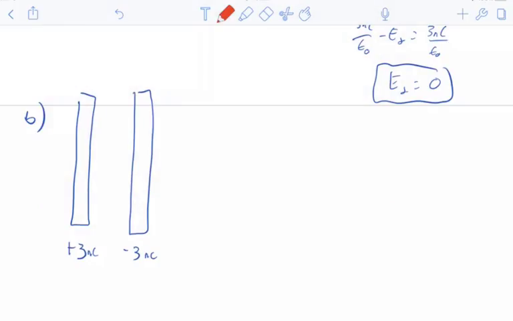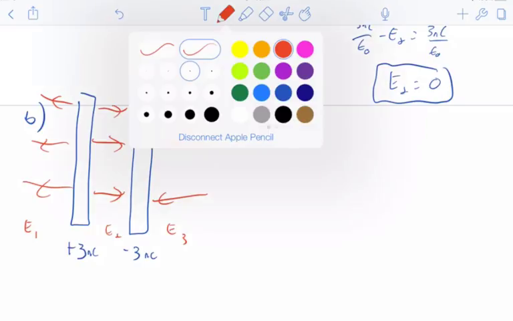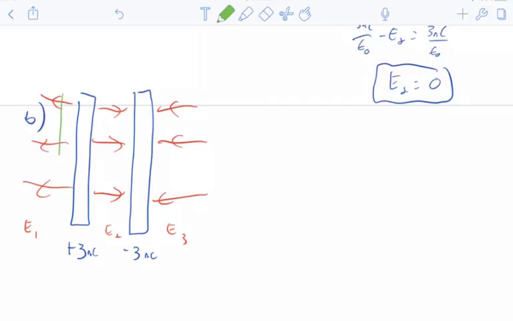I don't know. Maybe out like that, maybe like that? So I'll call this E1, E2, E3. And again, I'm going to set up two Gaussian surfaces. One like that, I'll call that one B. And one like that, I'll call this one C.